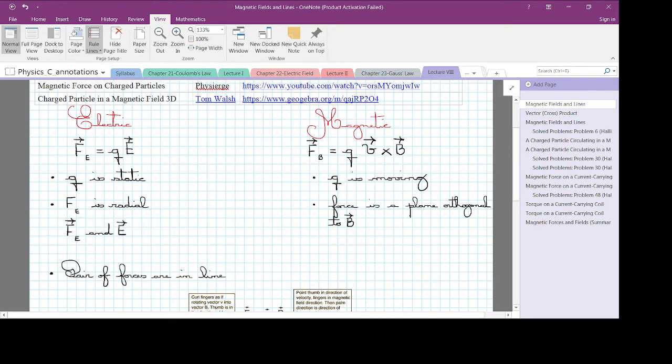Those two have the same direction. This is very important.